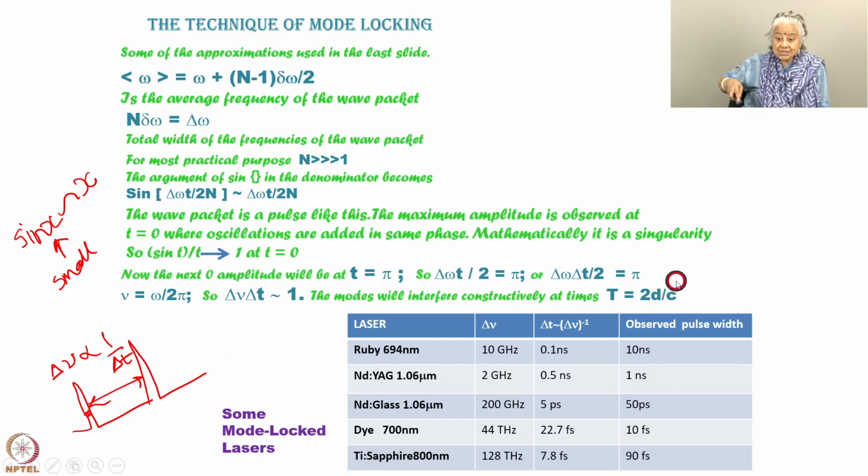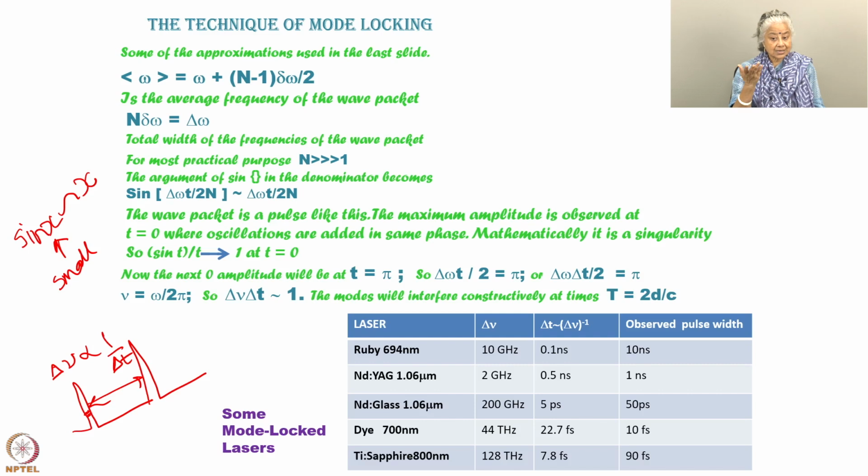So, this distance between two pulses happens at the round trip time. That means, at the end of the round trip, all these modes are locked in phase, or they are synchronized after one round trip. They are nearly synchronized after one round trip, these n number of modes.